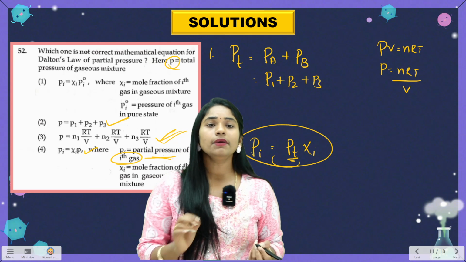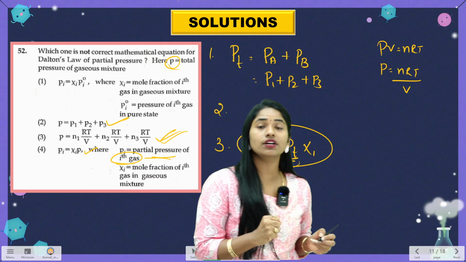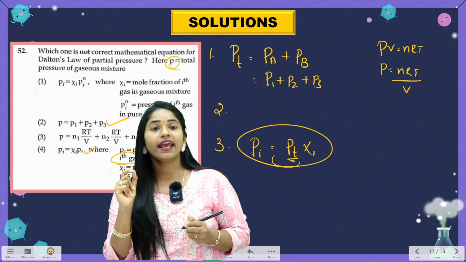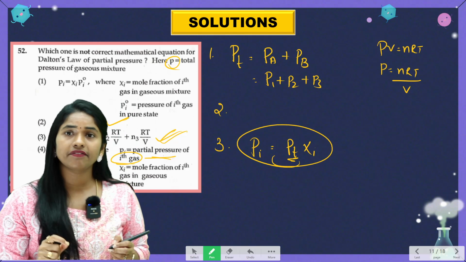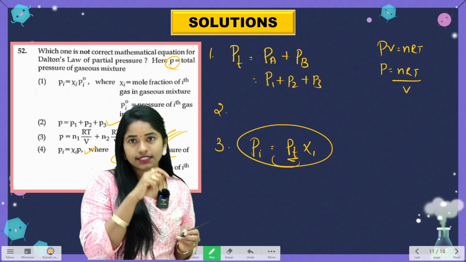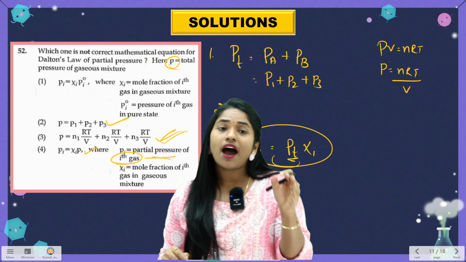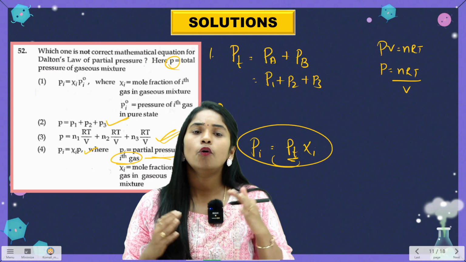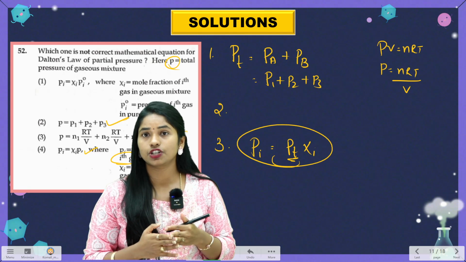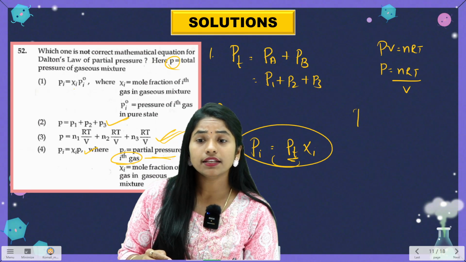But the problem is that only the first formula is incorrect. Why? Because they have given Pi is equal to Xi into P total. Now if you observe this, Xi is the mole fraction of the ith gas in a gaseous mixture.